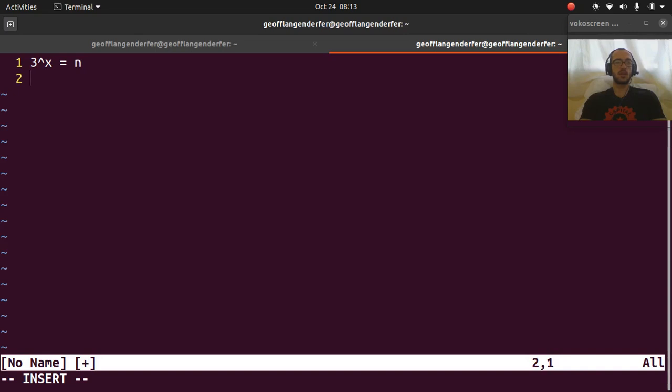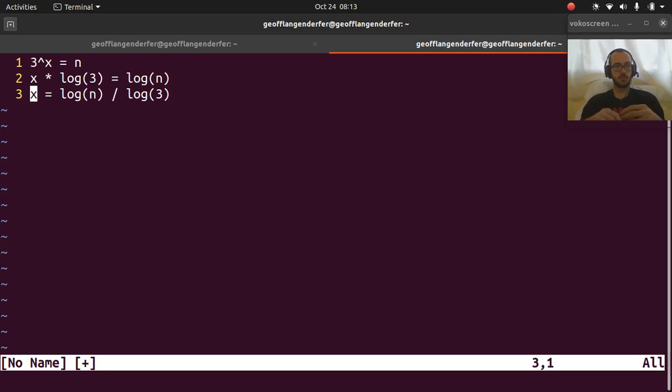So we can take the log of both sides. So we can say x times log 3 equals log n. Okay? And x equals log n divided by log 3. So that's going to be our exponent.